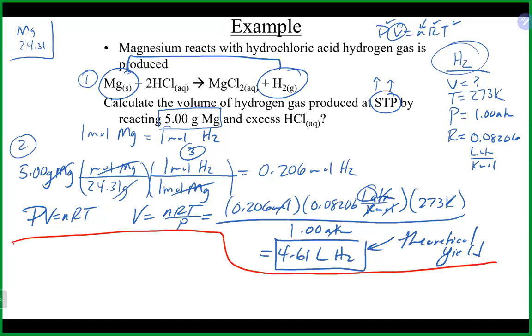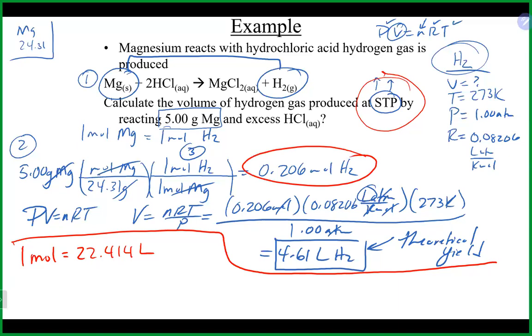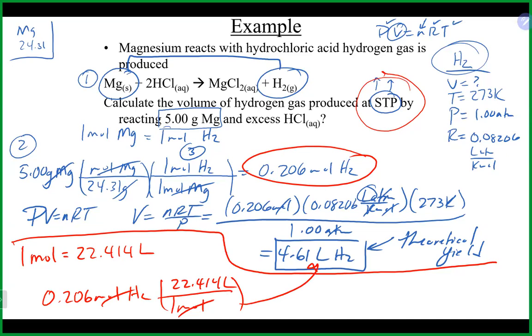So since we are at STP conditions, this is a situation where we could have used the 1 mole is 22.414 liters, which means once we got our moles of our H2, we could have taken it and done a conversion. The moles will cancel and we would end up with the same answer. So you could have alternatively done that.